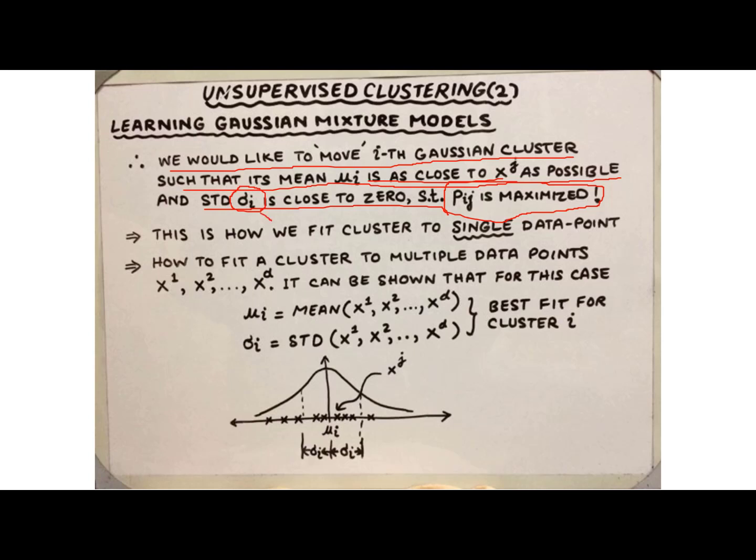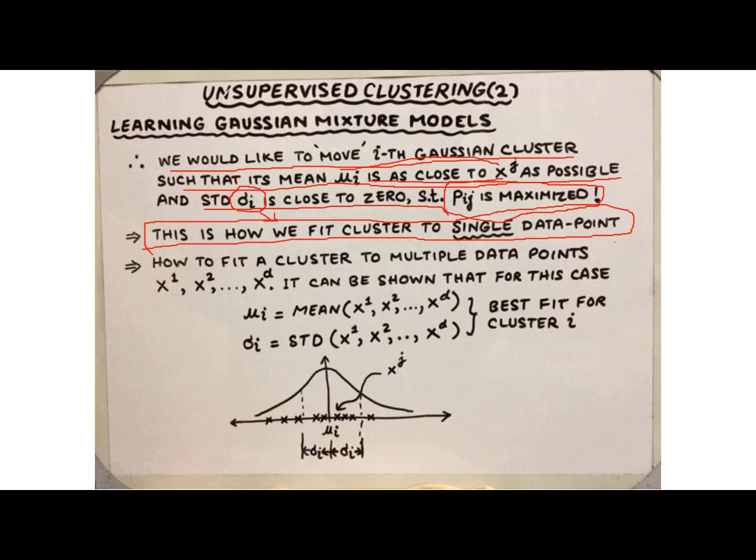So we wish to minimize the variance or the standard deviation, and we wish to minimize the difference between the mean and the data point value. And this is how we try to fit a cluster to one single data point, by minimizing the difference between the data point and the mean of the cluster and reducing the variance.